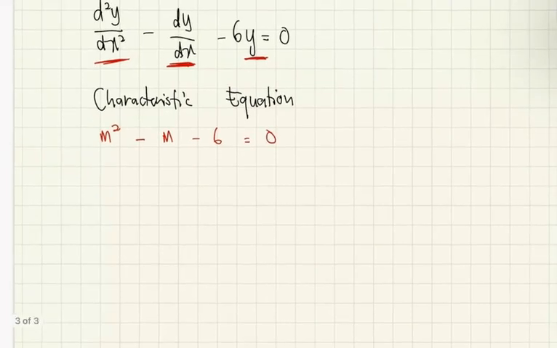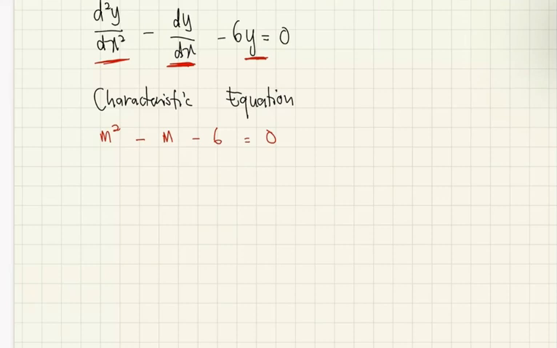So now you have a characteristic equation, which is a second order quadratic equation. So by using a calculator, or you can factorize this one, any method you want. If you want to use a calculator, you may proceed with a calculator.